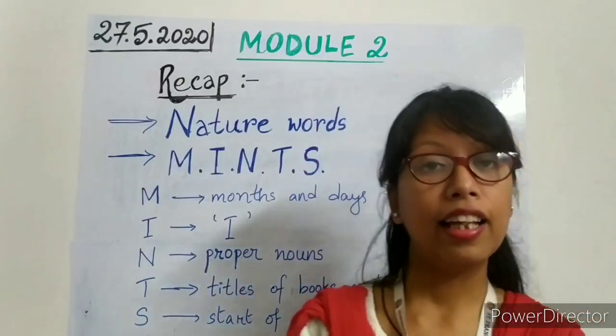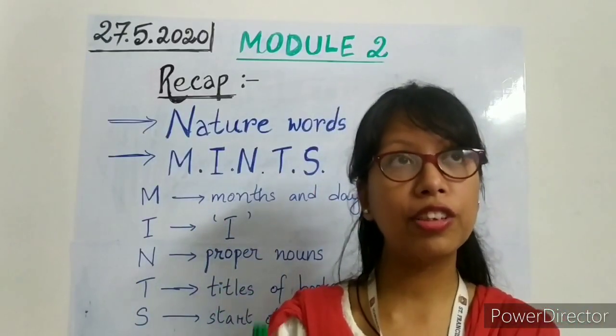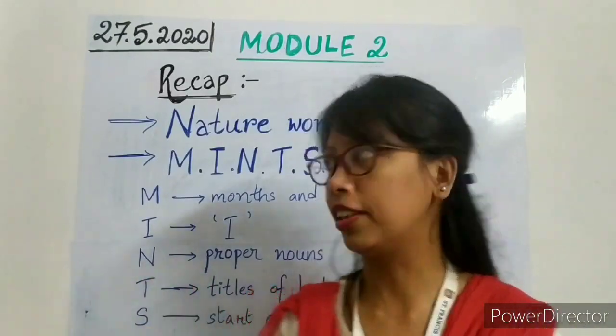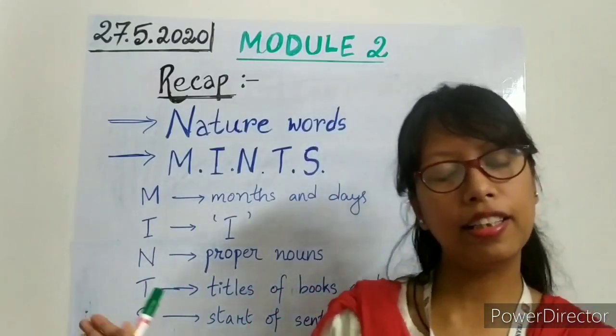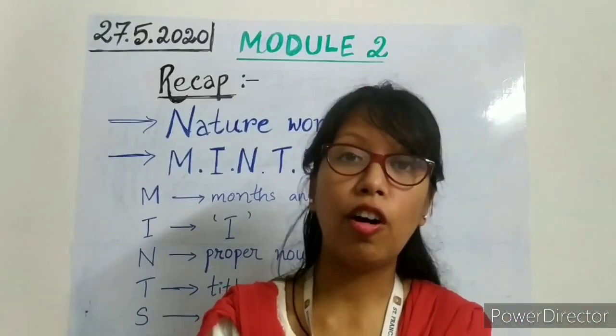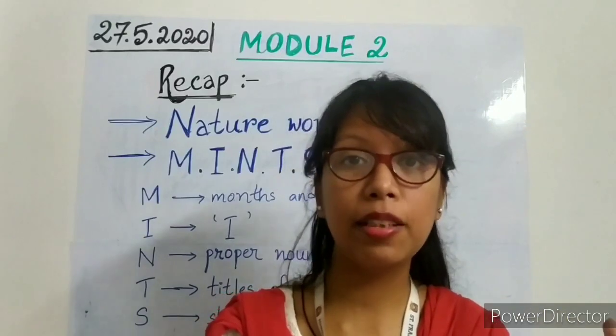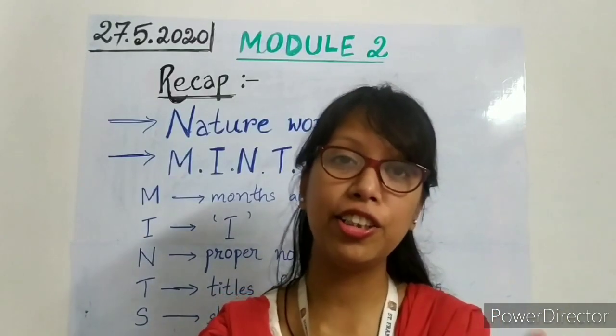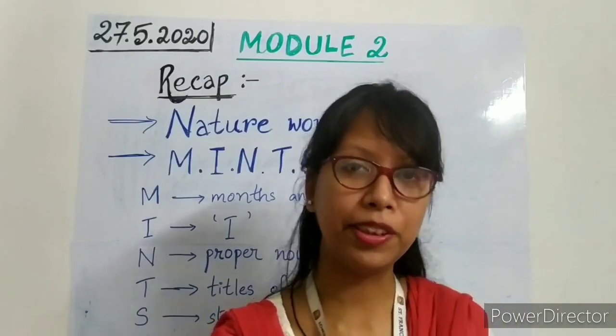Next is I. Whenever we use I in sentences, we write it as capital. Then N is for proper nouns, that is the particular or specific name of a person, place, thing or an animal. For example, the Taj Mahal, the initial letter is always capital.